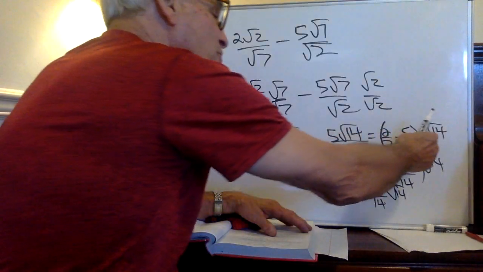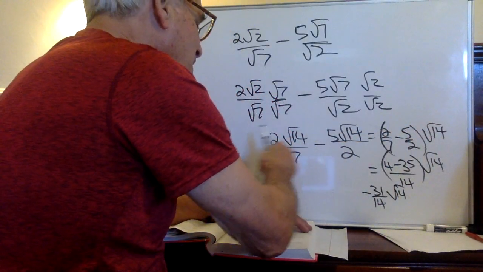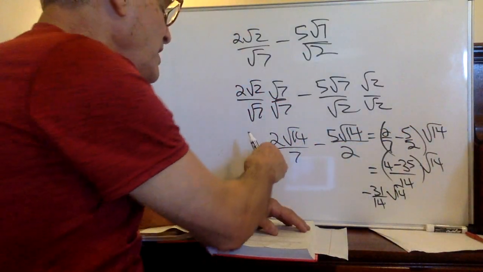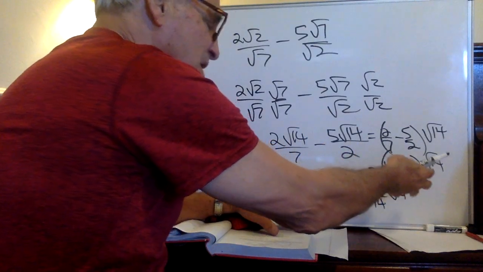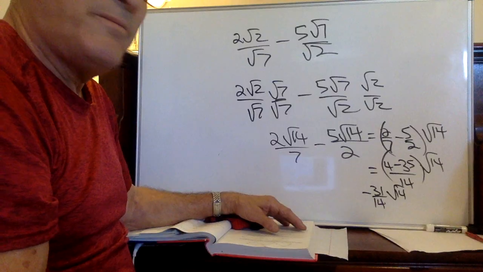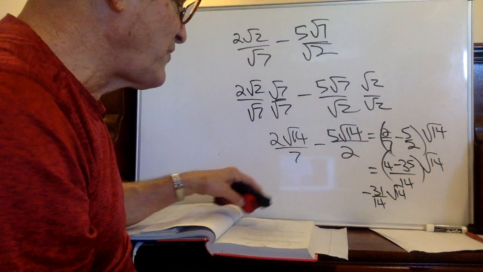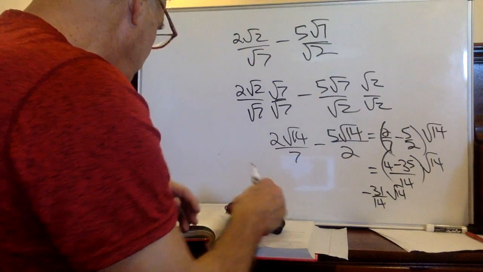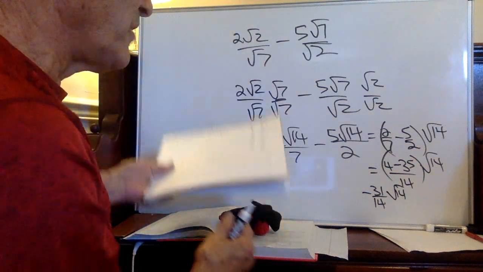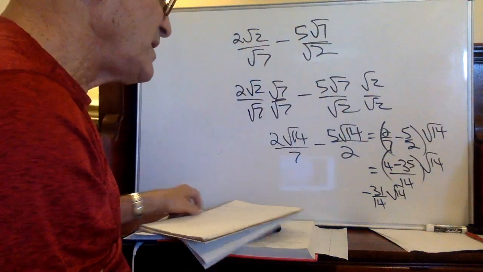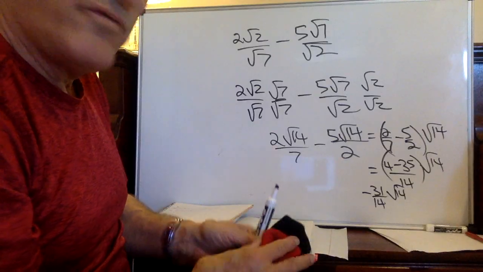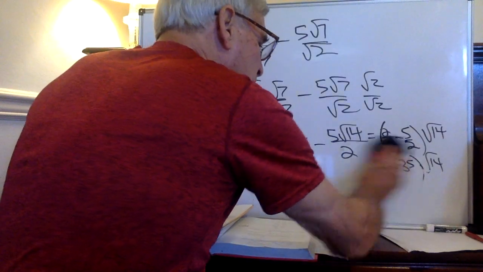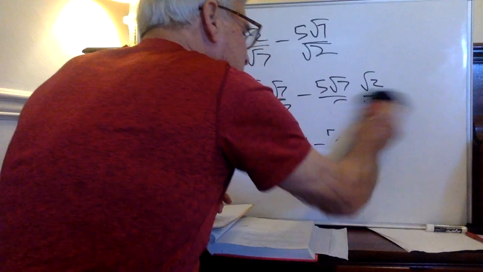So you simply leave the radical alone and you combine the numeric numbers in front, and in this case I get 2 fractions, 2 sevenths minus 5 halves, get a common denominator and combine, and this one turns out to be negative 31 over 14 times the square root of 14. Okay, so not really anything totally new from these 2 sections, but they have some good problems.